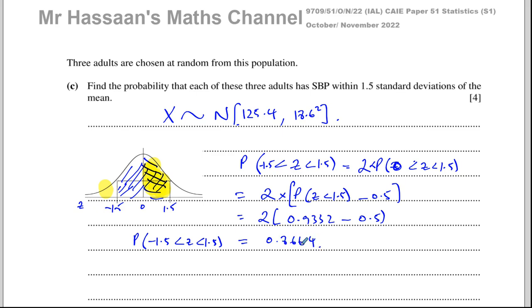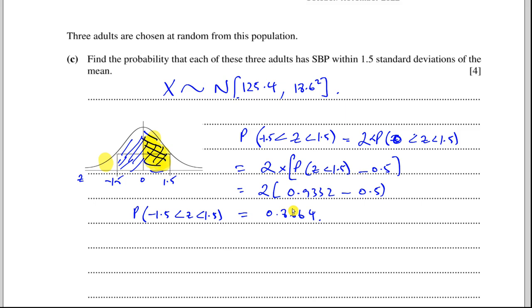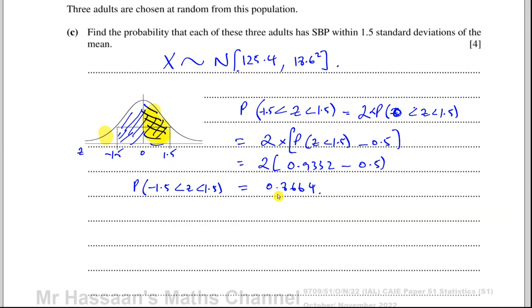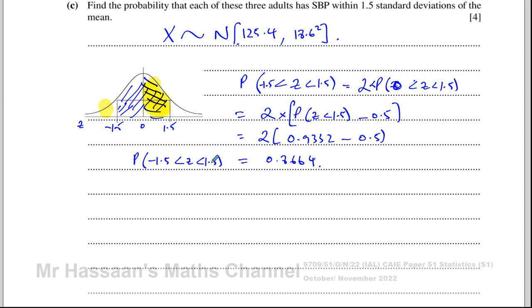That's the probability for one person chosen at random. We want three adults chosen at random, so our answer is going to be 0.8664 cubed. First person, then the second, then the third, all of them have a blood pressure within 1.5 standard deviations of the mean.